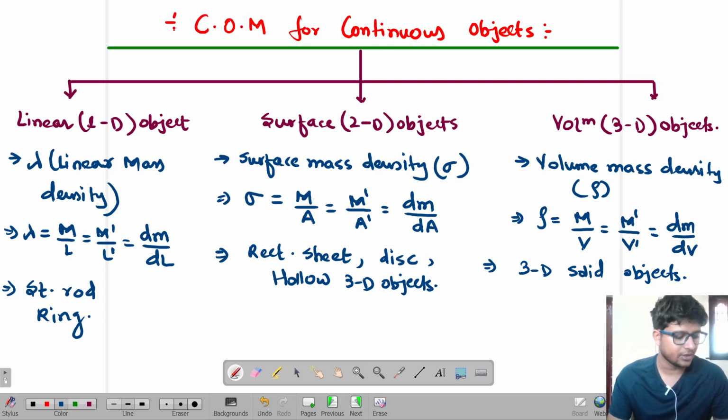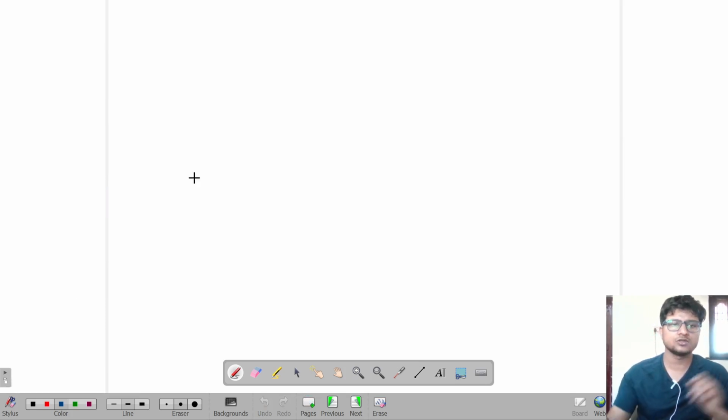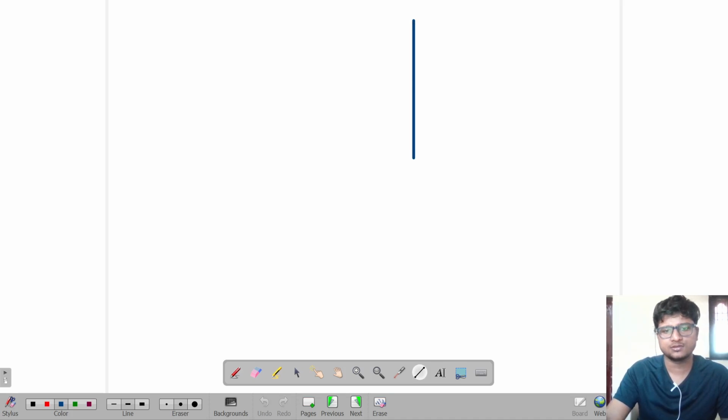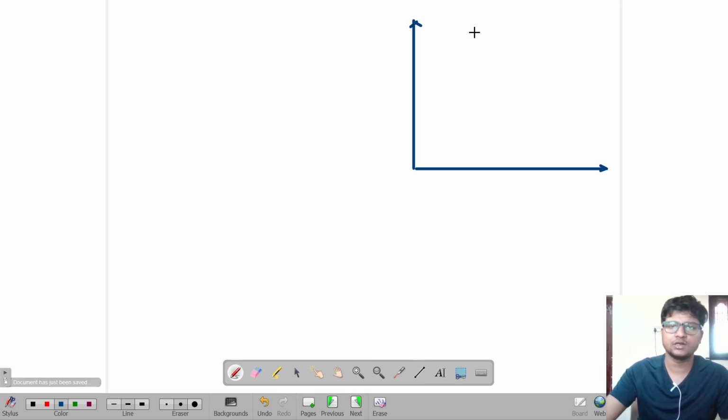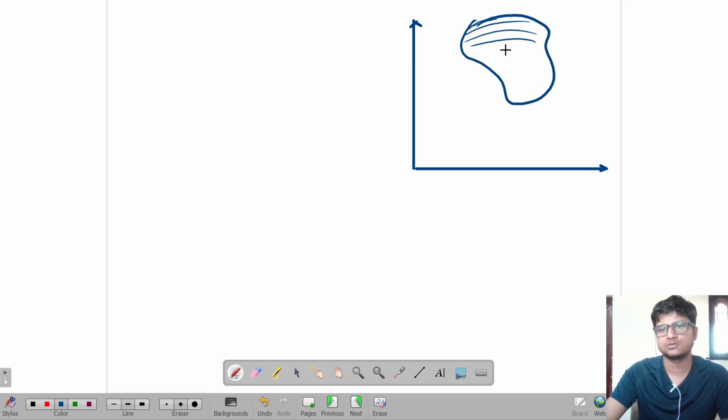Yes. So we are going to use the center of mass idea for it. So what does center of mass say? See, let's suppose any kind of continuous object is present over here, and I want to find its center of mass.